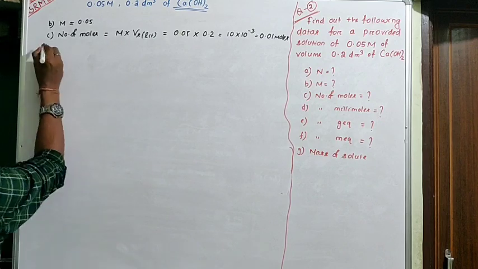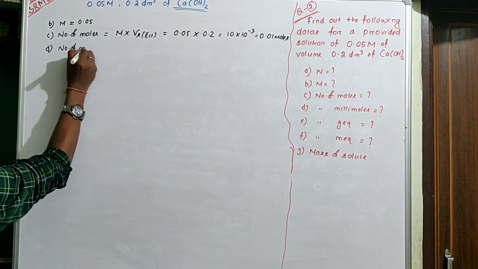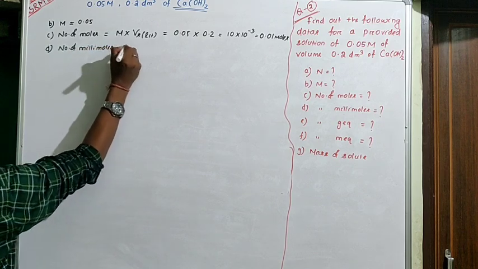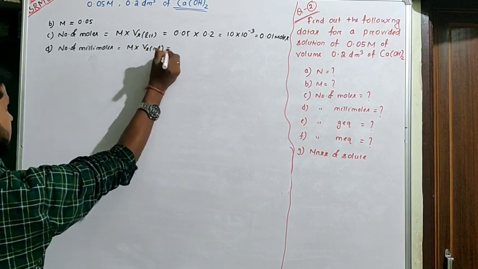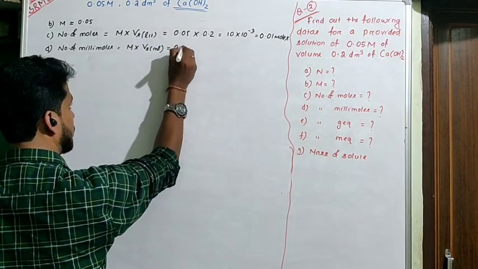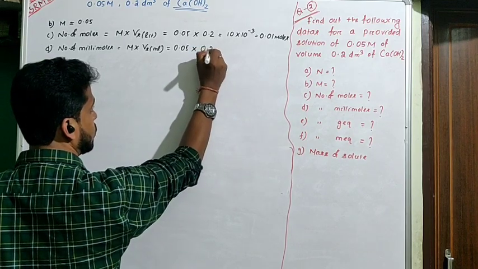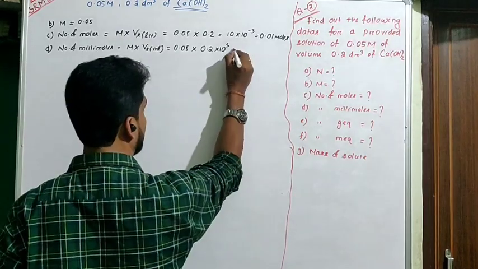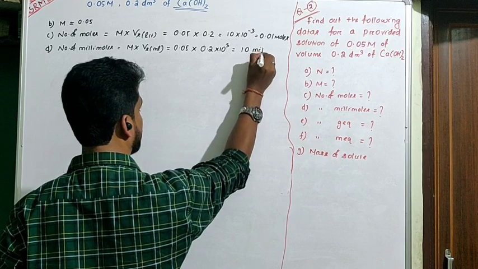So definitely number of millimoles is molarity into Vs milliliter, that is 0.05 into 0.2 into 10 to the power 3. So definitely it will be 10 millimoles.